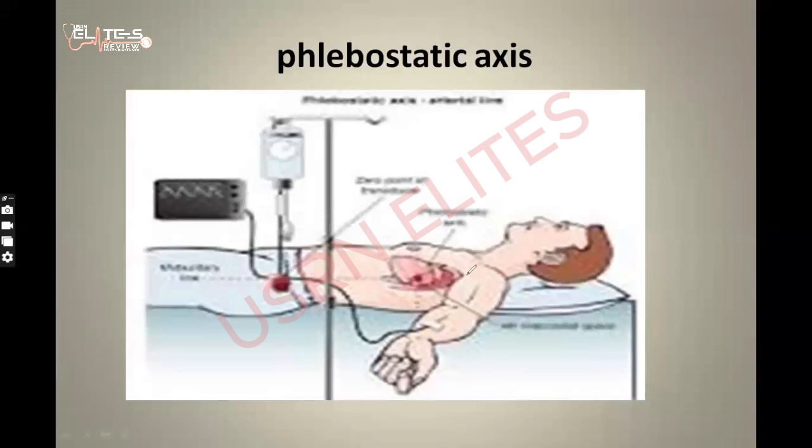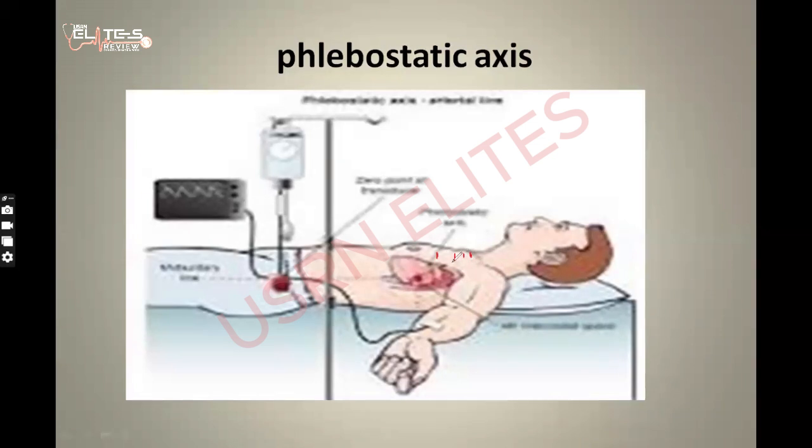this as an example. If you want to identify the phlebostatic axis, you start counting your intercostal spaces. So you have the first one, second, third, let's say this is the fourth one. It's just a sketch I'm making.